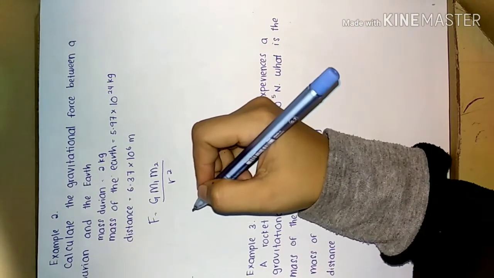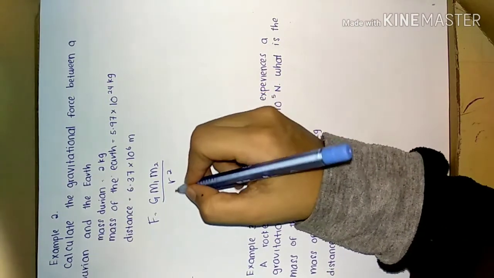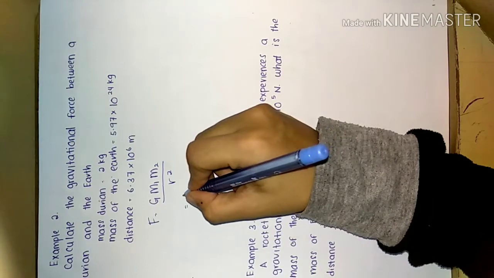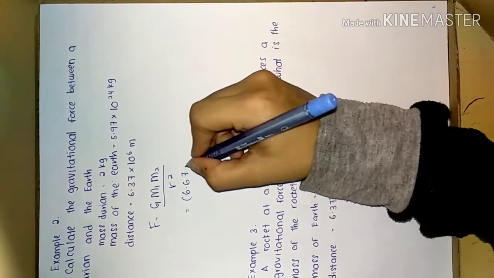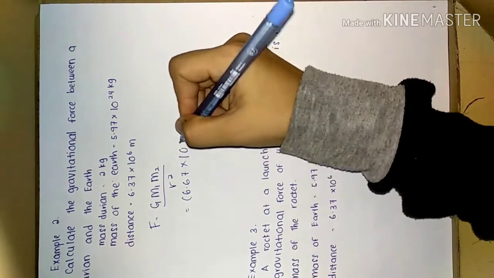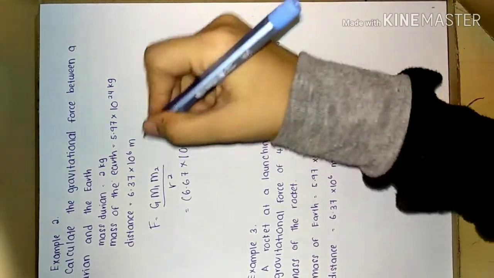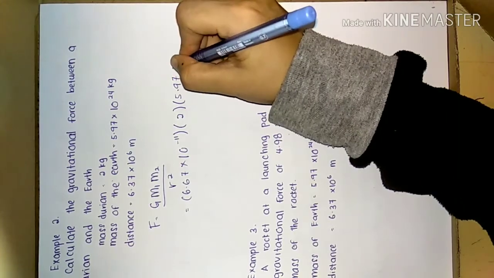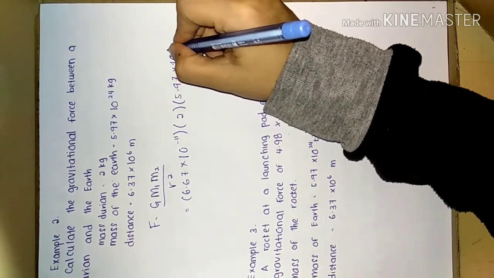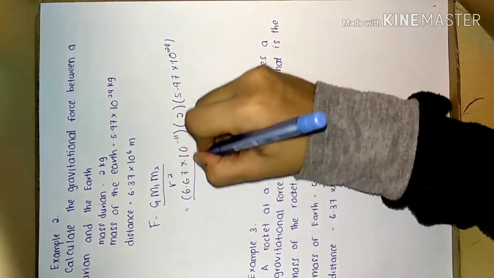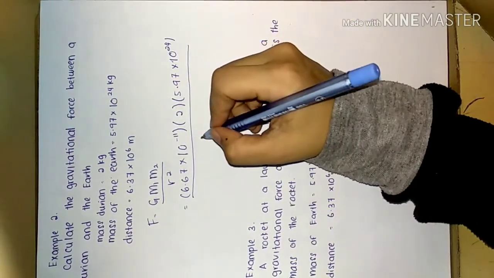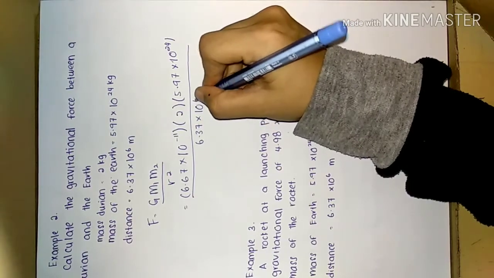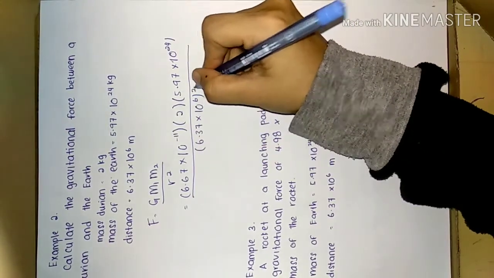So let's put all the components here. So G is a constant number which is 6.67 multiplied by 10 to the power of -11, and m1 we have 2 kg, and for m2 we have 5.97 multiplied by 10 to the power of 24, and for r squared, 6.37 multiplied by 10 to the power of 6, put in a bracket to the power of 2.